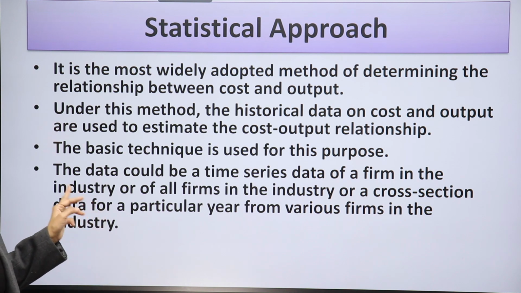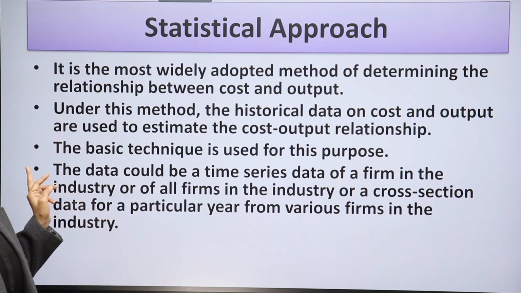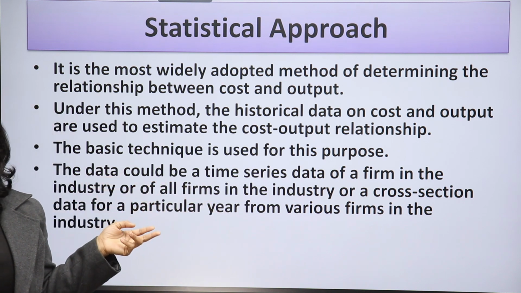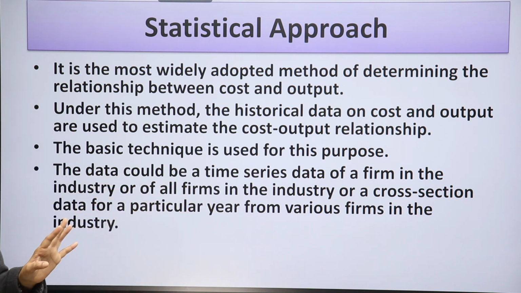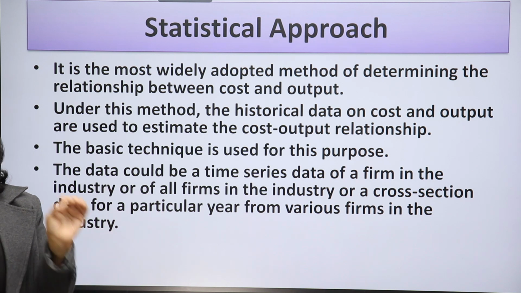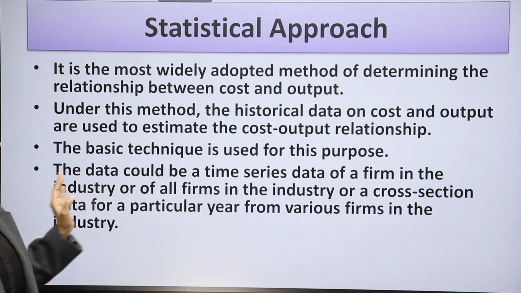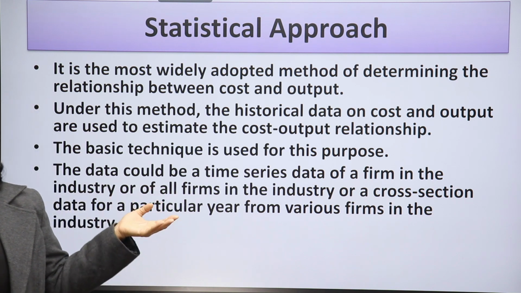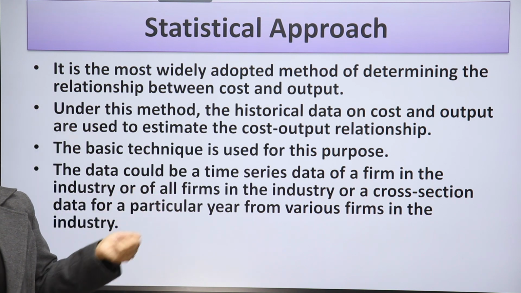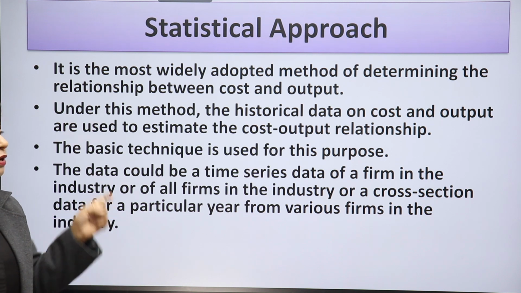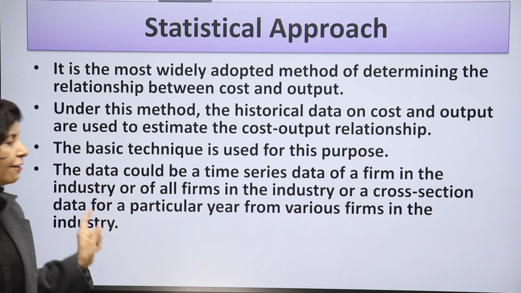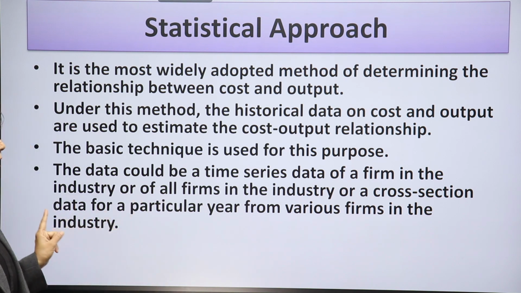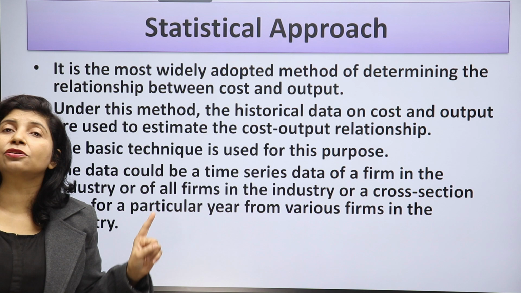Then you can use data of all the firms in any industry. Take for example sugar mills in the sugar industry of Uttar Pradesh or maybe of Tamil Nadu. So we can get data of all the firms in the sugar industry and we can estimate the cost-output relationship. Then you can also select certain firms for a certain year or certain month and you can get data from all these firms, and this is known as cross-section data.